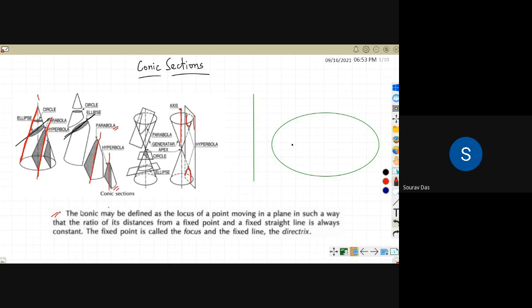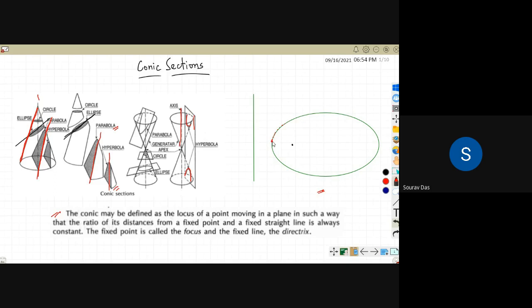Now this is an important point. The conic section may be defined as the locus of a point moving in a plane such that the ratio of its distances from a fixed point and a fixed straight line is always constant. Say this is an ellipse, and this is the point which is moving around.